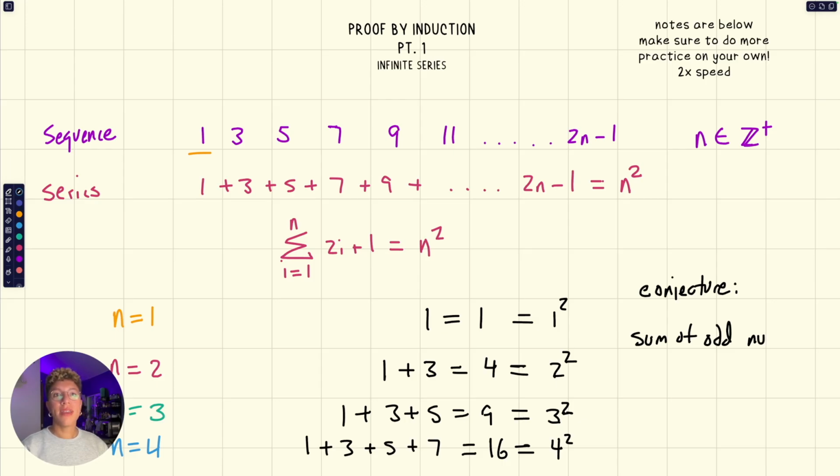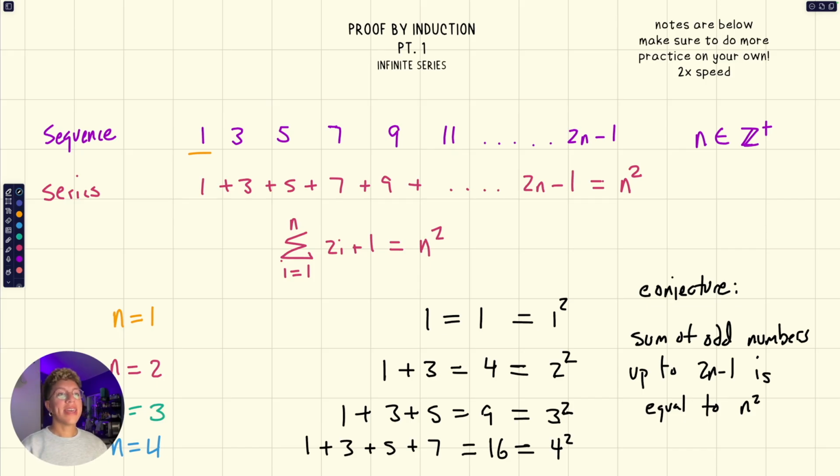Sum of odd numbers up to 2n minus 1 is equal to n squared. So we can say something like that.